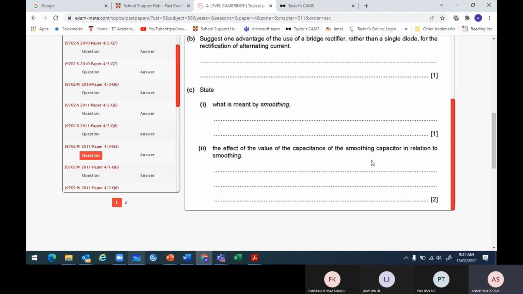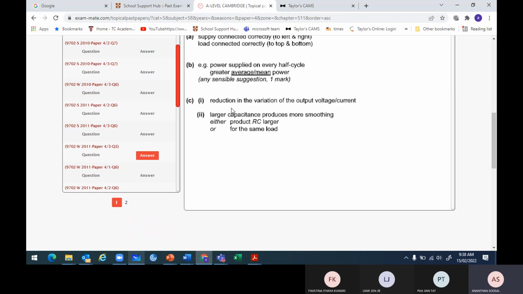Smoothing is preventing the voltage from decreasing to 0, right? But what is the term? Reduction in the variation of the output. Yeah, preventing the voltage from dropping to 0. Reduction in the voltage drop. Smoothing: reduction in the voltage drop.